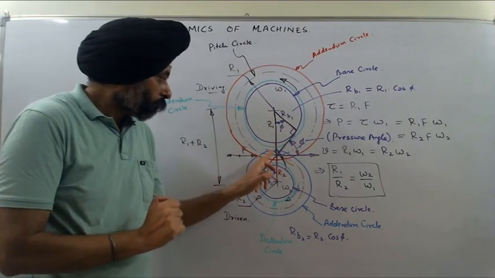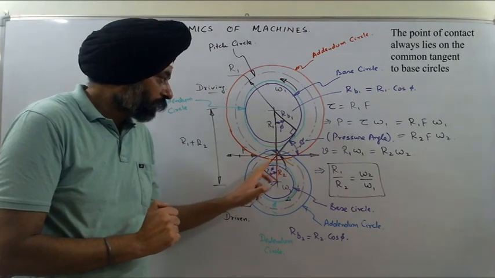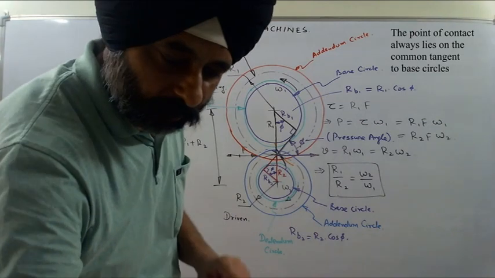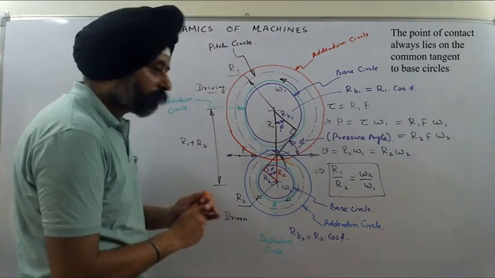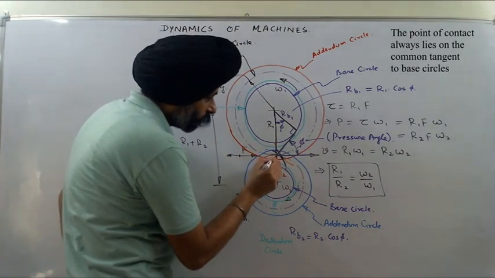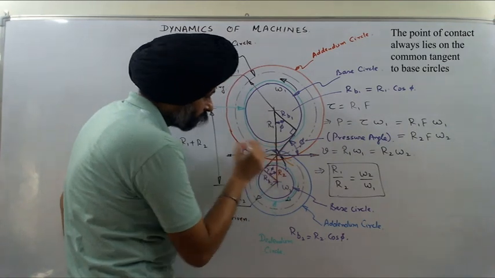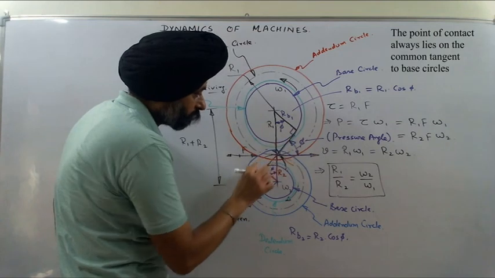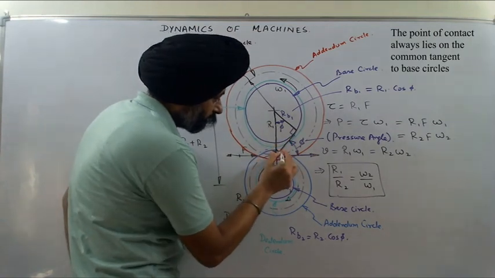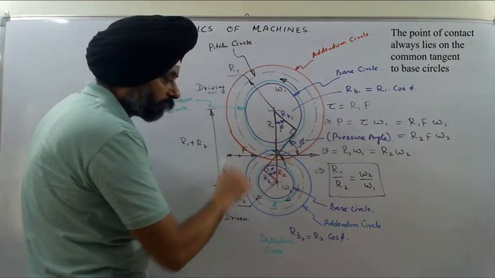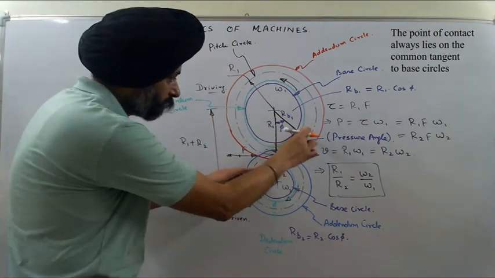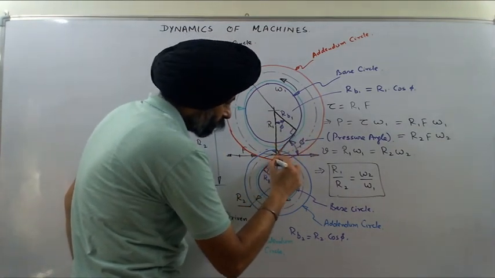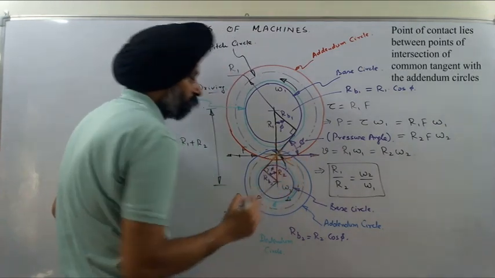The point of contact will always lie along this common tangent between its points of intersection with the respective addenda. So this is where the addendum of this gear intersects with the common tangent drawn to the base circles, and this is where the addendum of the other gear intersects with this common tangent. That means this point of contact will lie only on this segment.